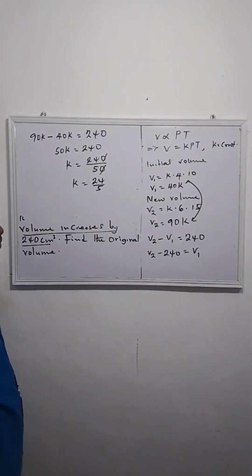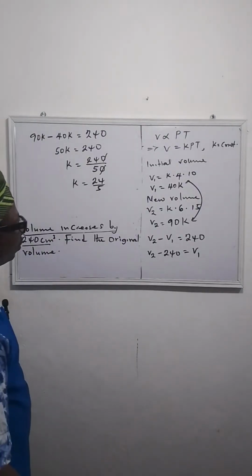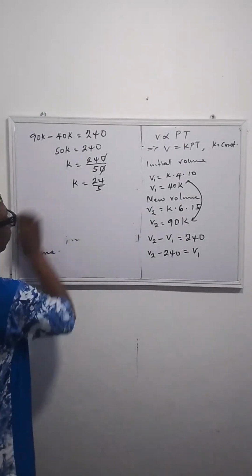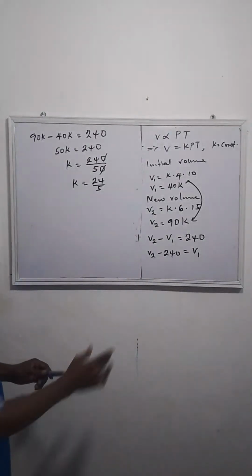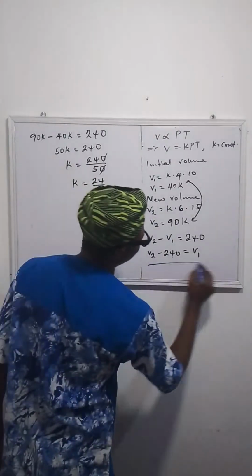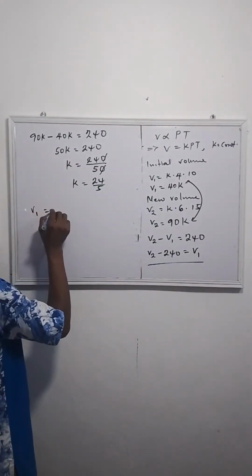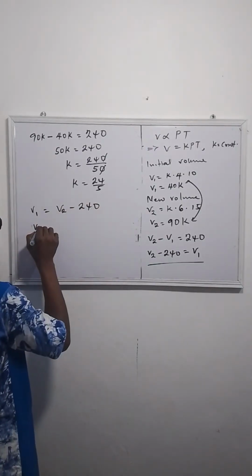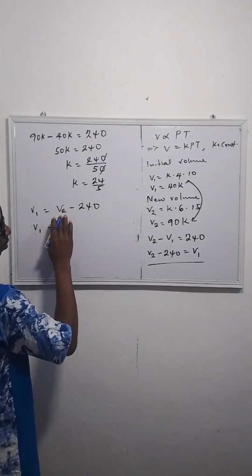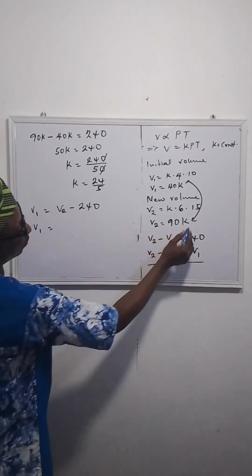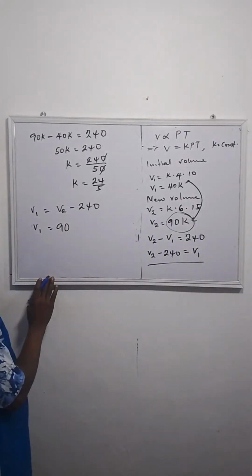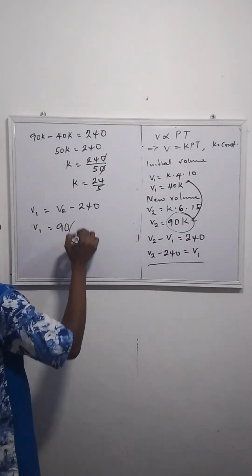Now, how do we get the initial volume? Don't forget that we already have an expression here: V1 equals V2 minus 240. So V1 equals, now what is V2? This is V2, we have 90 times K. So what is our K?